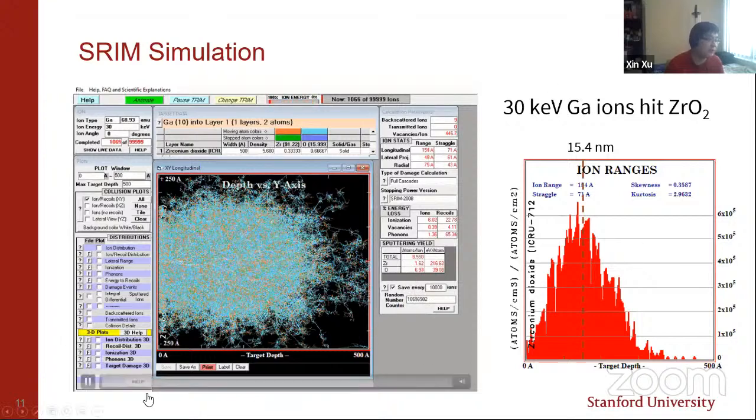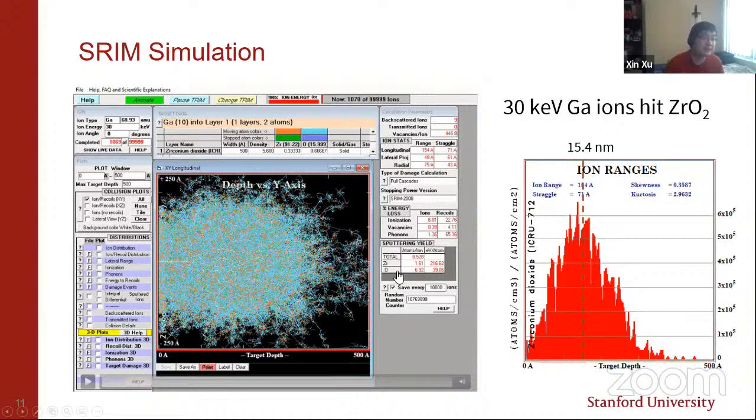For example, if you have the total sputtering yield of 8 here, it means every single gallium ion can generate around 8 vacancies at the surface. Also, each element has its own value here, and oxygen has a higher value.